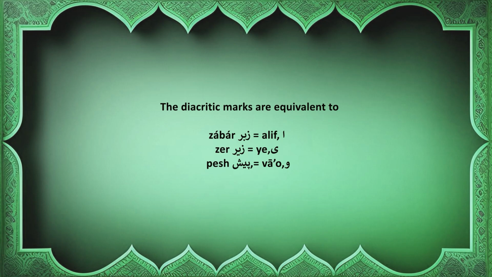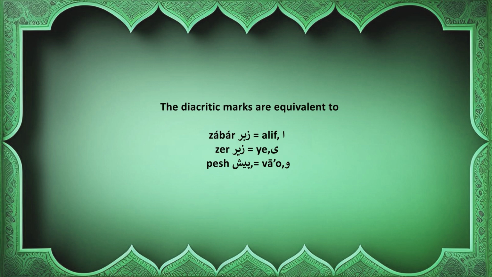So we say zabar is equivalent to alif, zer is equivalent to ya, pesh is equivalent to vav. ज़बर अलिफ के बराबर है, ज़ेर या के बराबर है, पेश वाव के बराबर है.